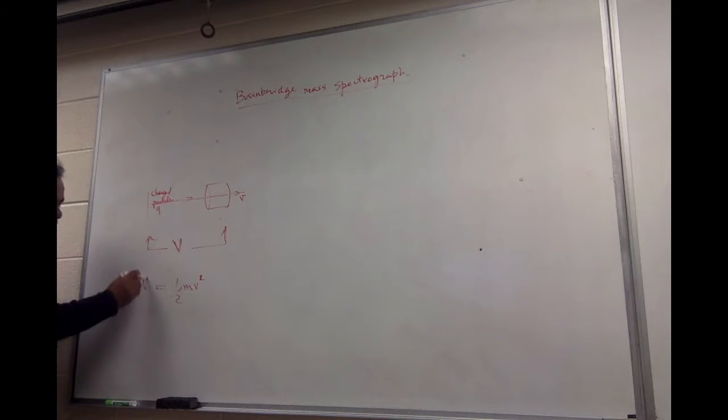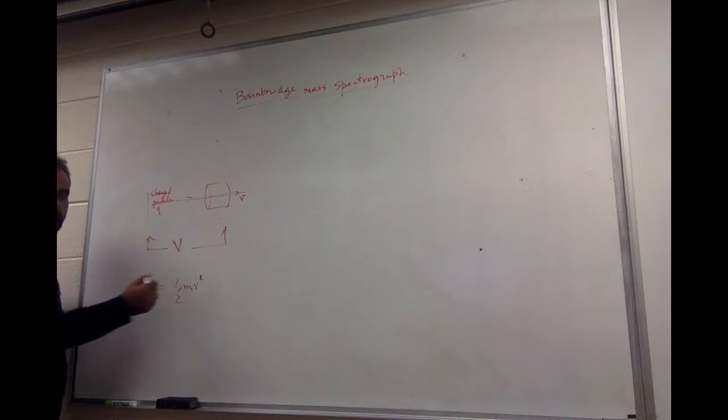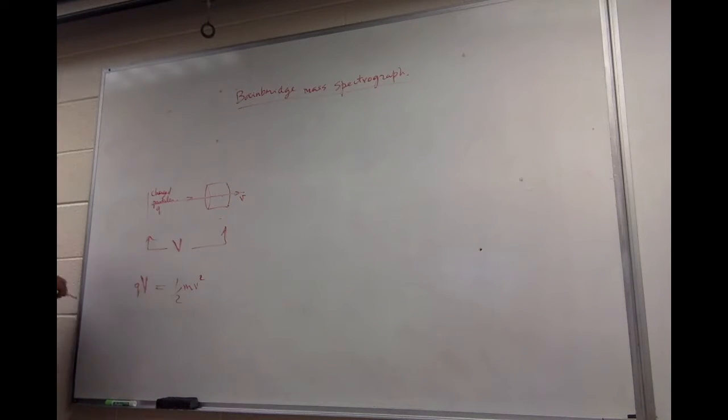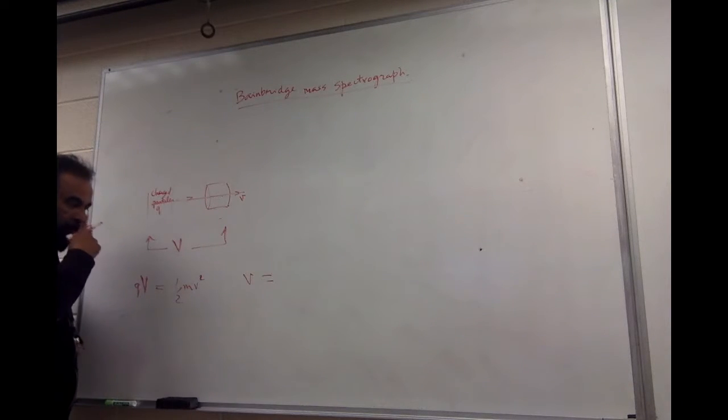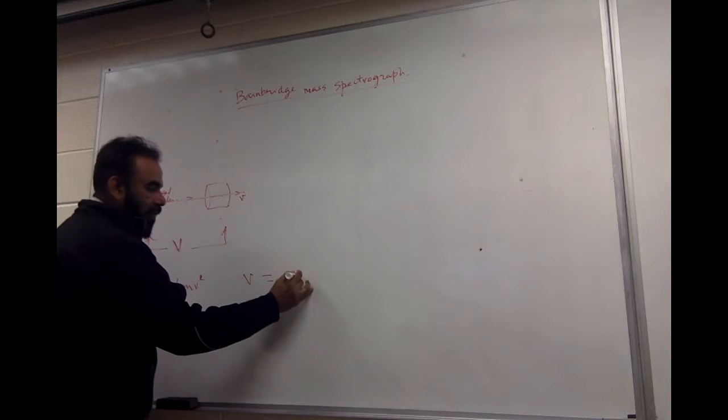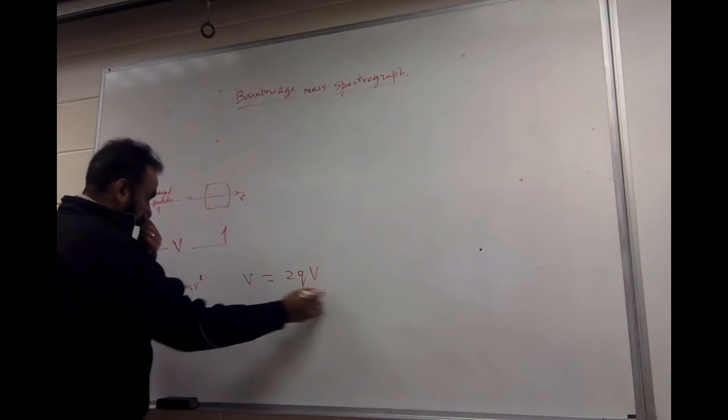Now this capital V is the potential difference, and this is speed. So how fast are these charges moving? The speed with which the charges are moving can be seen from here.